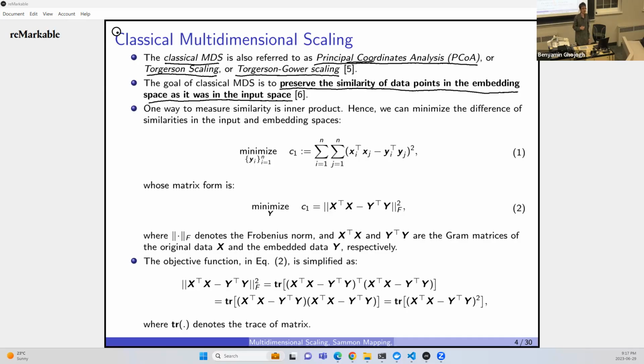What do I mean by preserving similarity? The difference between the similarity in the input space and the similarity in the embedded space should be minimized. That's exactly what we are doing.